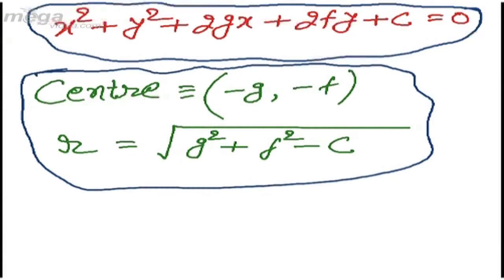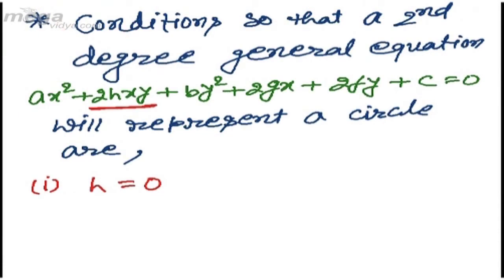Now again we see the coefficient of x square and the coefficient of y square are both 1, that is, both are equal. And here the coefficients of x square and y square are a and b, that is different. So the second condition will be a equal to b, that is, the coefficient of x square is equal to the coefficient of y square.